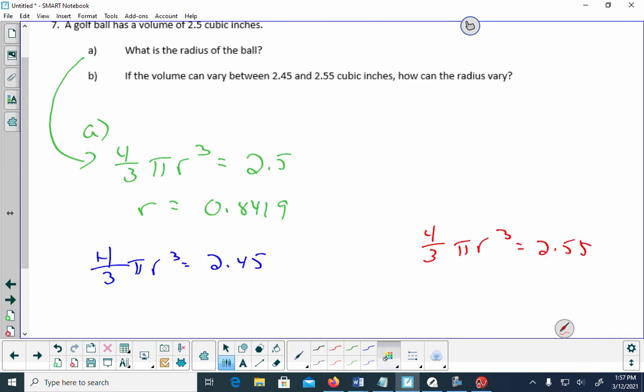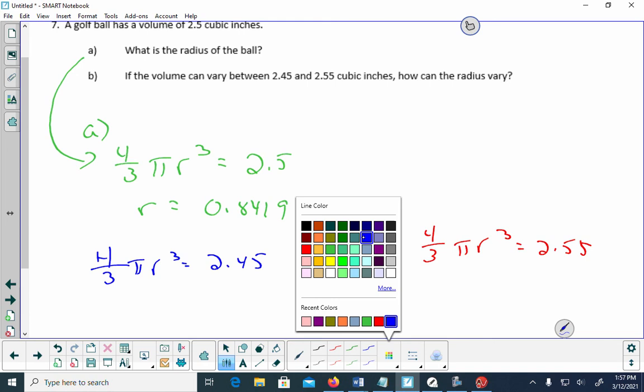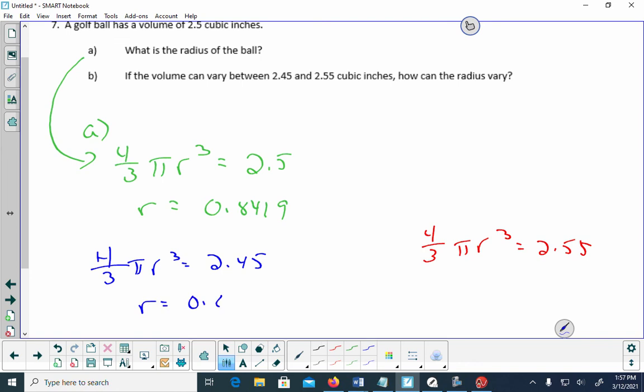When I do the first one, I get my radius to be 0.8363. And when I do the second one, I get my radius to be 0.8475. So that tells me what my radius can be.